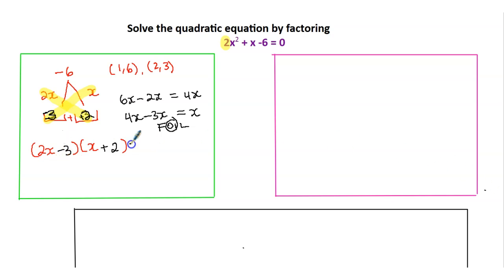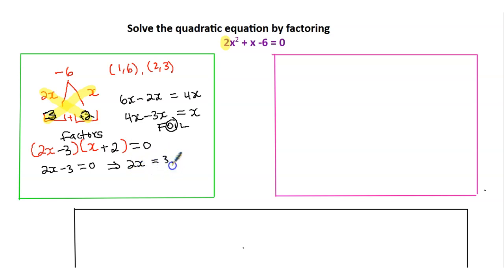So now we have been able to get the factors. So this is the right factors. This is the factored form. Now the question said solve, so we want the solution. So we are going to set each of them equal to 0. So 2x minus 3 equals 0. That implies that the 3 will come here, so 2x equals 3.